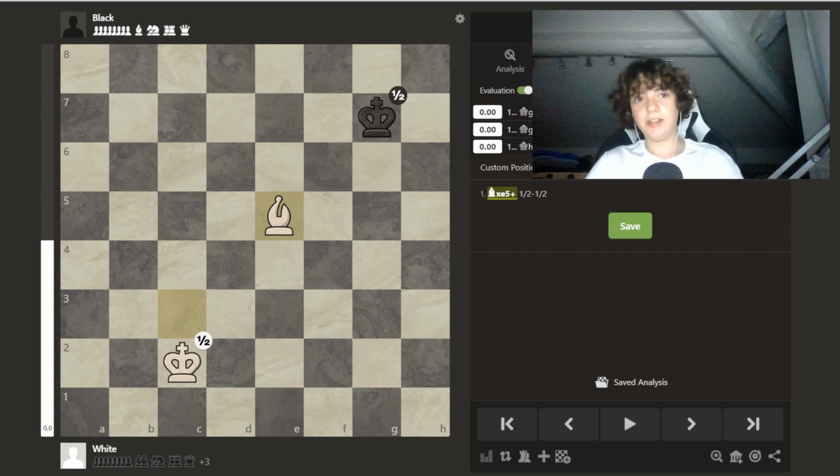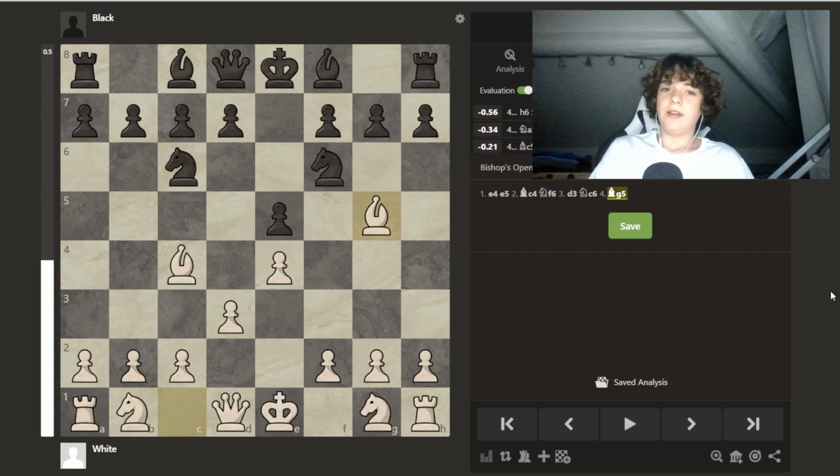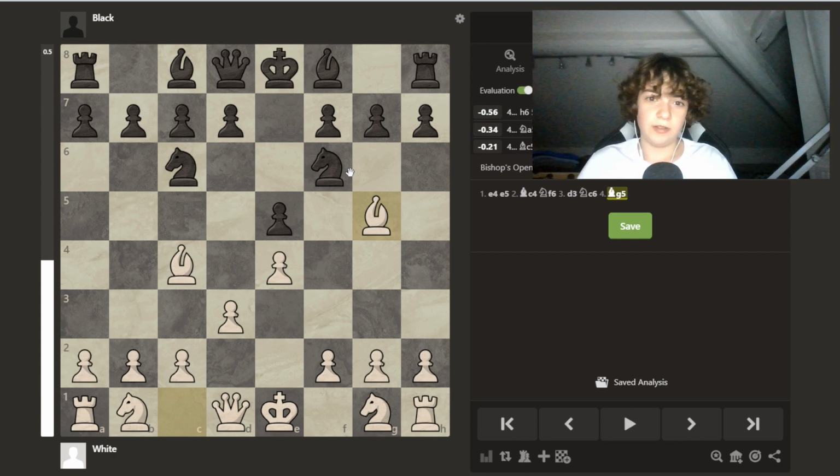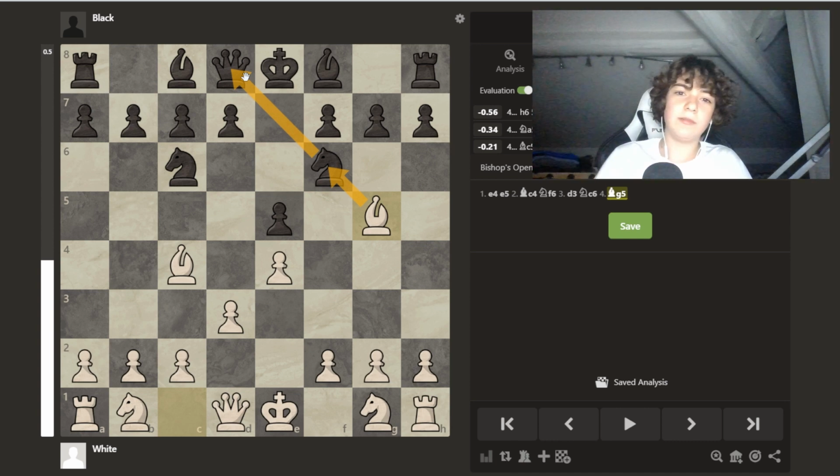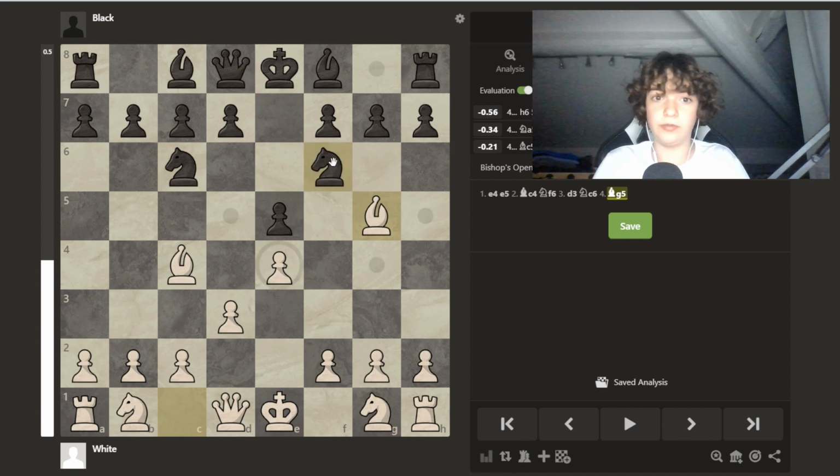Let's look at a different in-game situation here. An in-game situation of this could be this. This is a little different, as this time, this bishop is pinning the knight to the queen. This means that the knight is able to move.